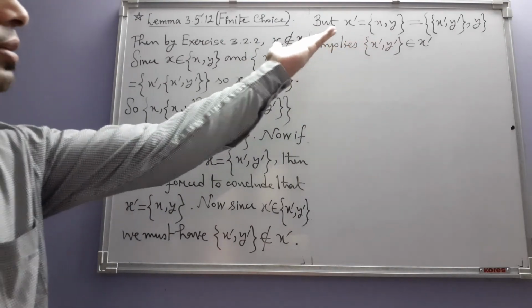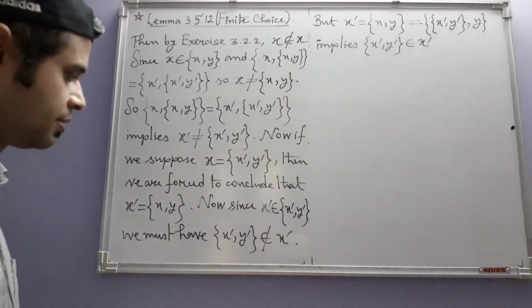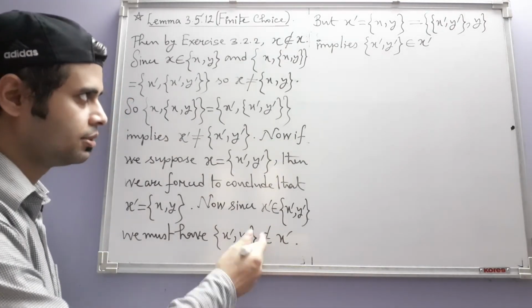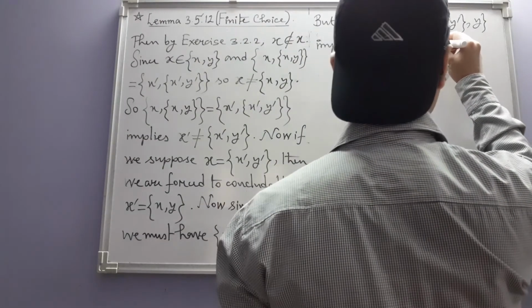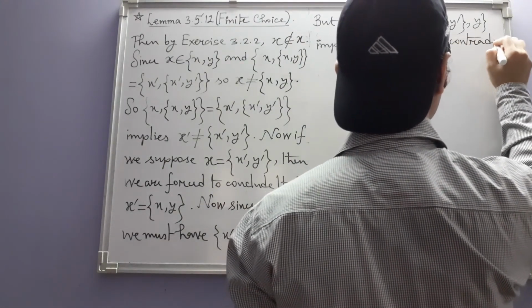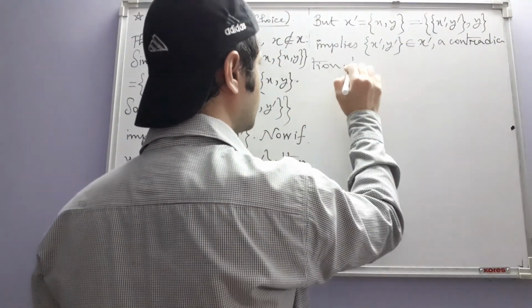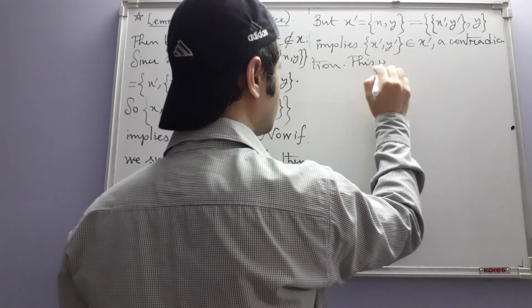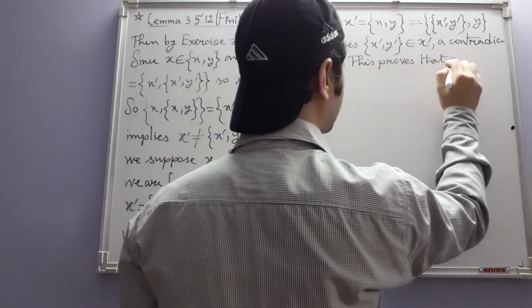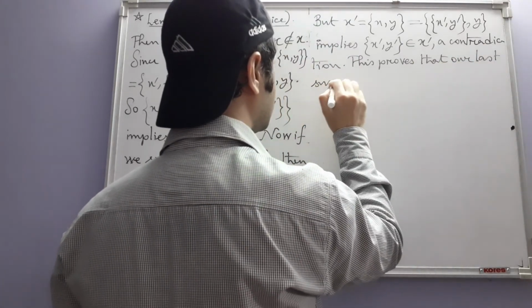You can see here that this set is an element of x', but we also at the same time must have this, so this is a contradiction. This proves that our last supposition is wrong.